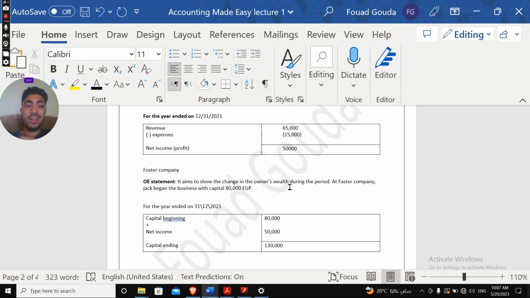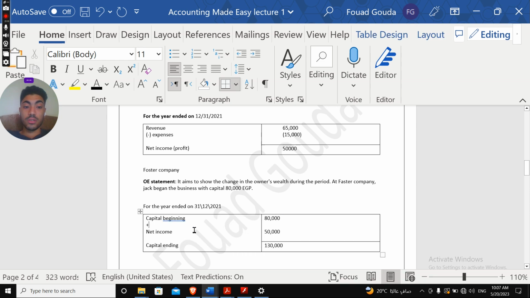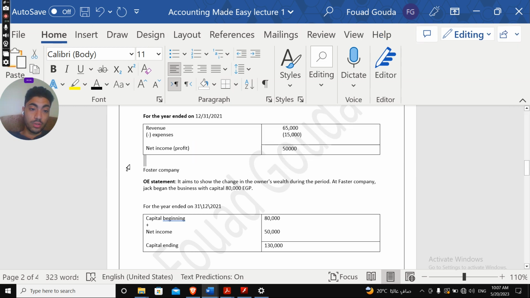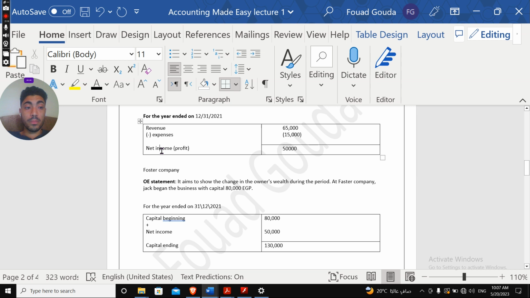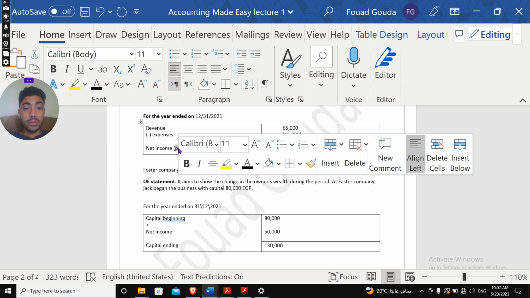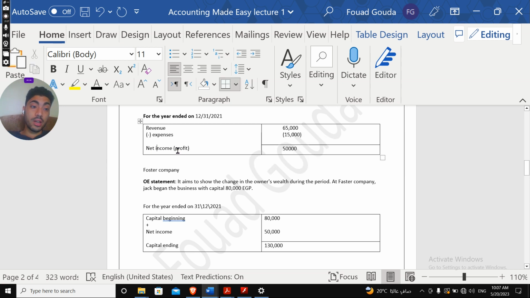We have a capital beginning, which was the $80,000 cash, plus whether he lost or made a profit, which we will need from the previous statement, the net income, which is profit.